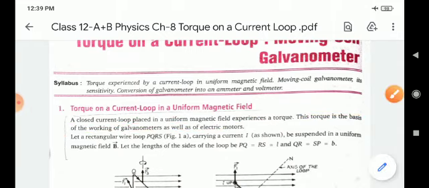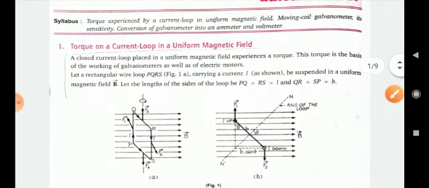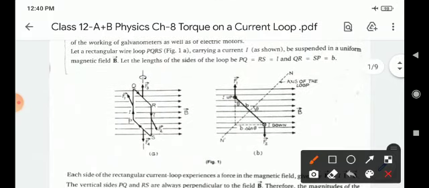Children, let us consider a rectangular wire loop PQRS, given in this figure, carrying a current I as shown in the figure, suspended in a uniform magnetic field. Magnetic field is a vector quantity because it has direction as well as magnitude.